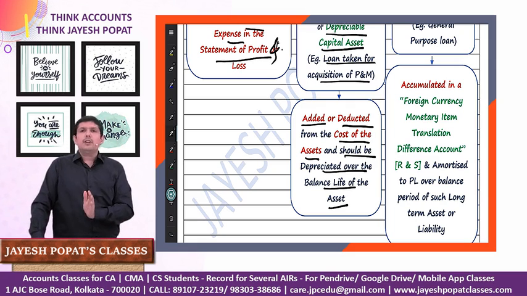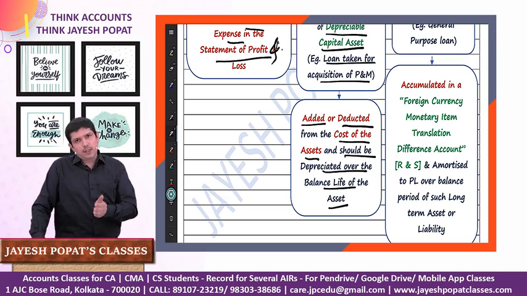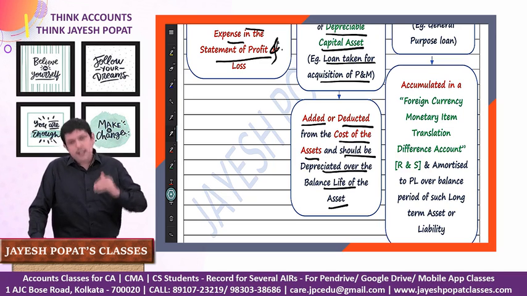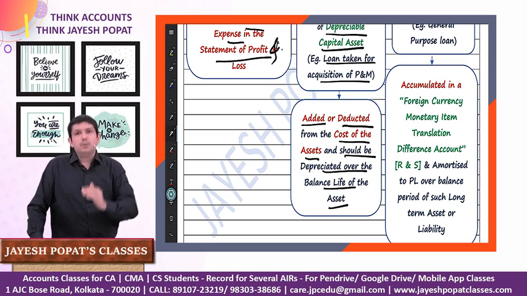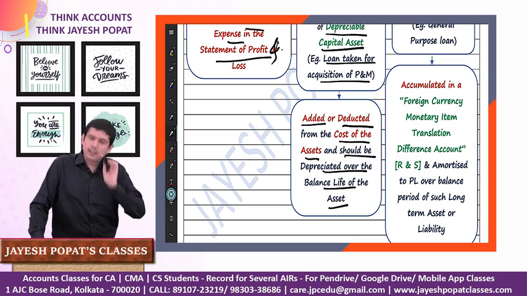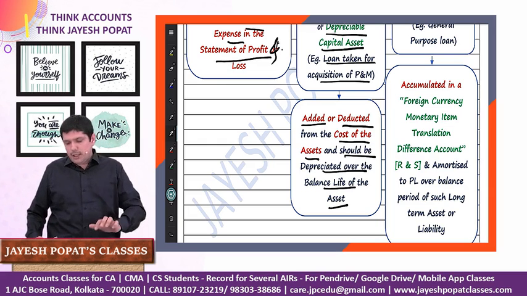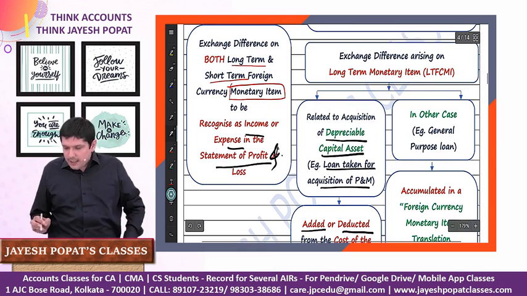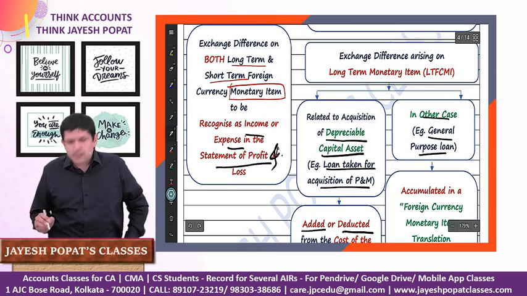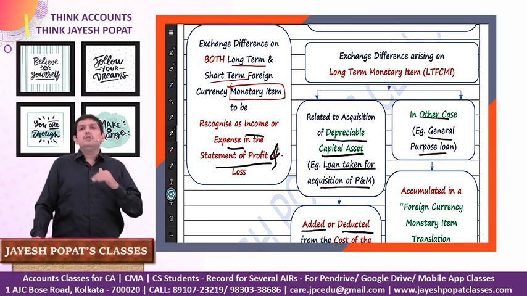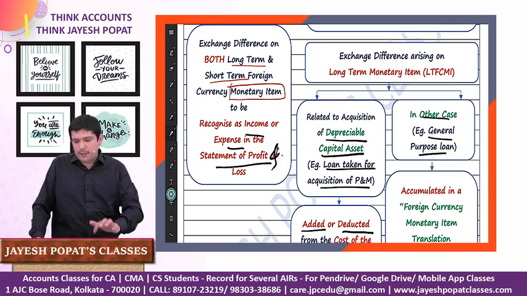But if it's a long-term foreign currency monetary item, and if you are availing option under 46 or 46A, then your entry will be fixed asset account debit to your long-term foreign currency loan account. And then that fixed asset will be depreciated over the remaining useful life. In other case, means it's a general purpose loan, the long-term monetary item is not relating to a depreciable capital asset.